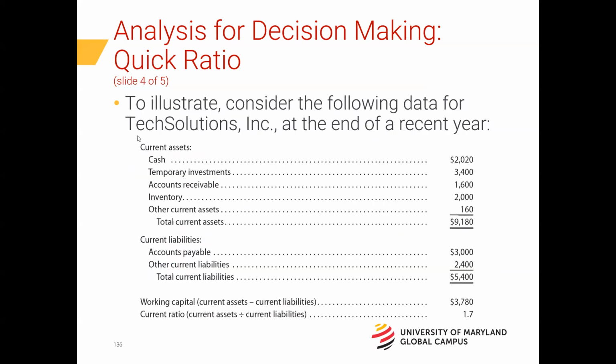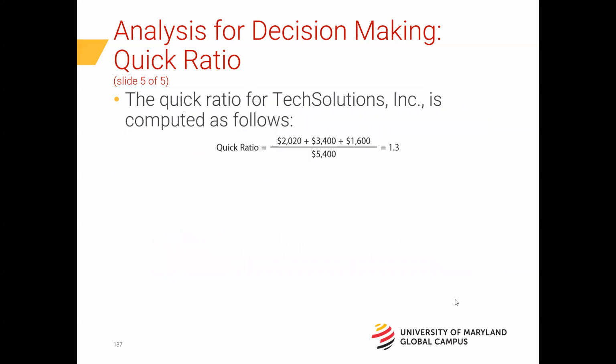And here's a nice example of that. Current assets 9,180, current liabilities 5,400. Current assets divided by current liabilities gives you 1.7 for the current ratio. Working capital, current assets minus current liabilities, is 3,780 of working capital.